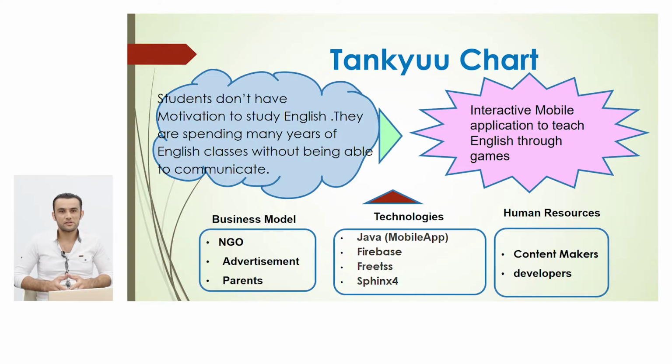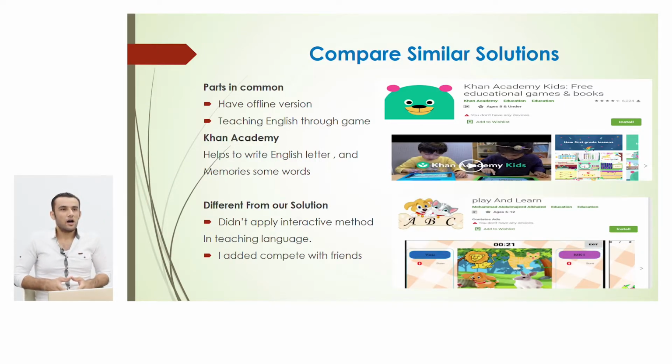The human resources which are required to apply this project, the content makers, they might be linguists or English teachers. The other team is developers to develop the game, and these two teams have to work together. After searching about similar solutions to my proposed solution, I found the closest one is Khan Academy Kids.